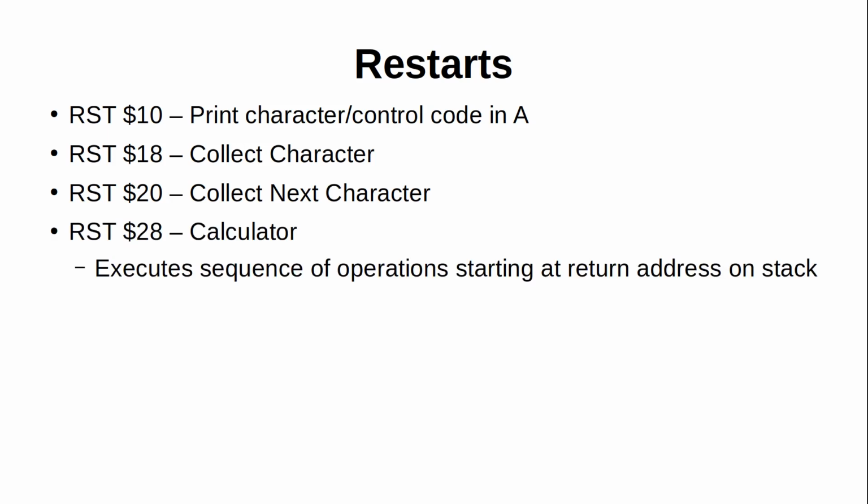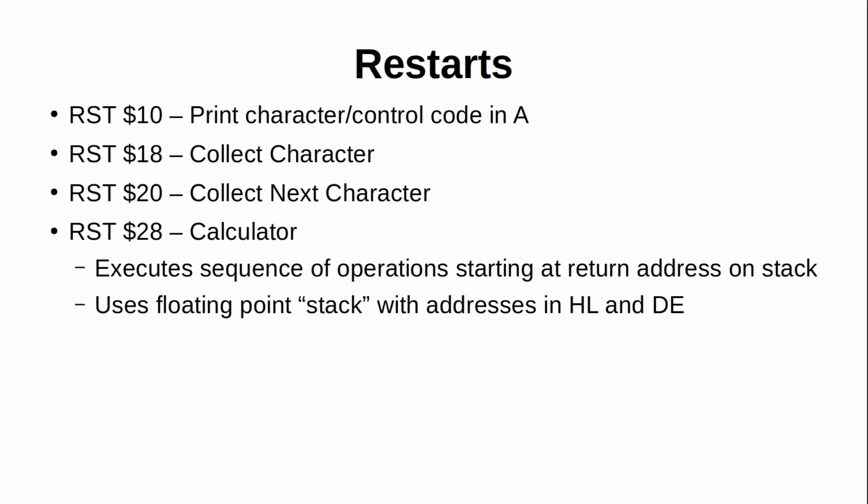Restart 28 runs a calculator routine, which is specified by a sequence of operations starting at the return address, similar to how the error restart gets its code. However, you can have an indefinite number of operation codes before getting back to regular Z80 instructions, as this routine will keep executing until it sees the code for ending the calculation. It uses a stack similar to Forth or an old HP calculator, if you are familiar with those, and the top 2 elements on the stack are specified by the HL and DE registers.